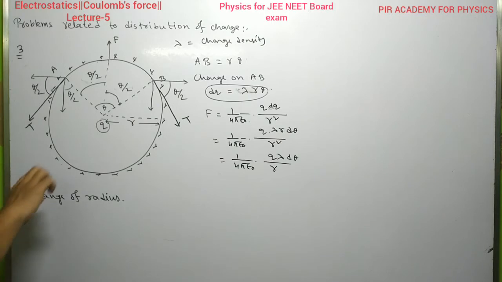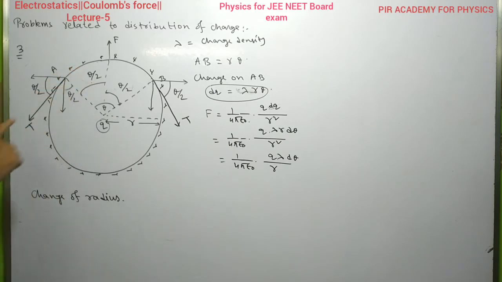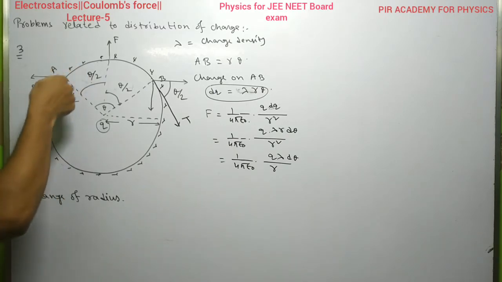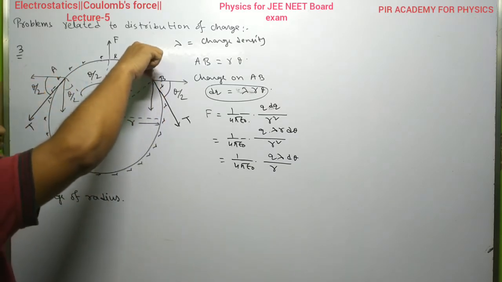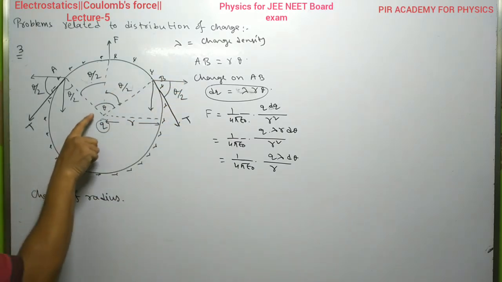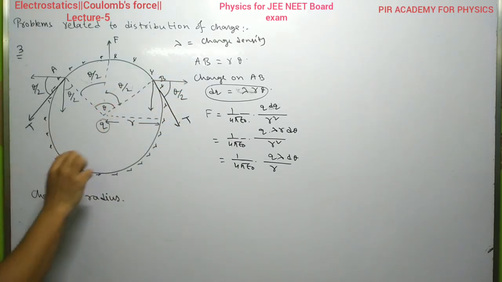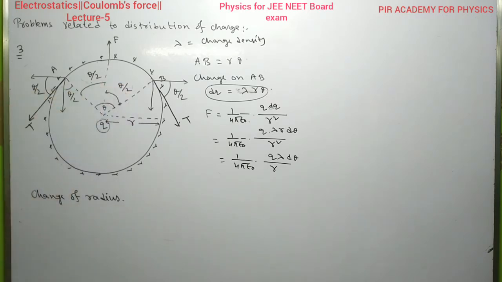Now here the tension of this wire always acts normal on the surface. So at this point A, the tension is along this direction, and at B, the tension will be along this direction. Now if the total angle is theta, the half angle will be theta by 2. Here the half angle is theta by 2, and here is tension T.